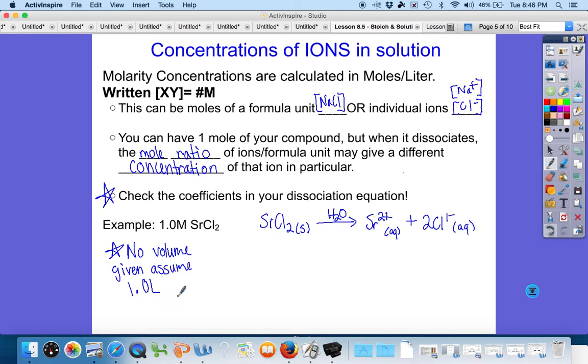So first we need to find the moles of our compound. So if we have a 1 molar solution, and we said that we are going to assume that we have 1 liter of solution, our number of moles is going to be 1 mole of our compound.